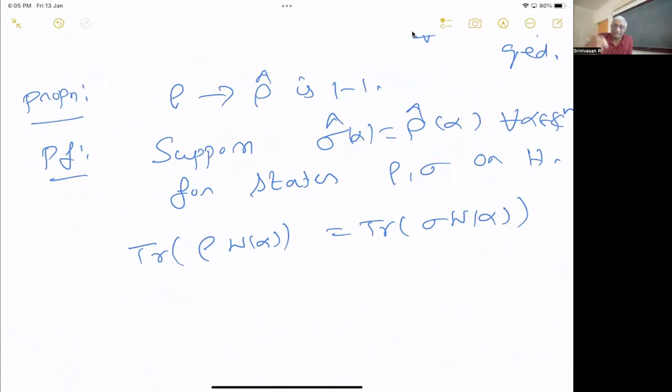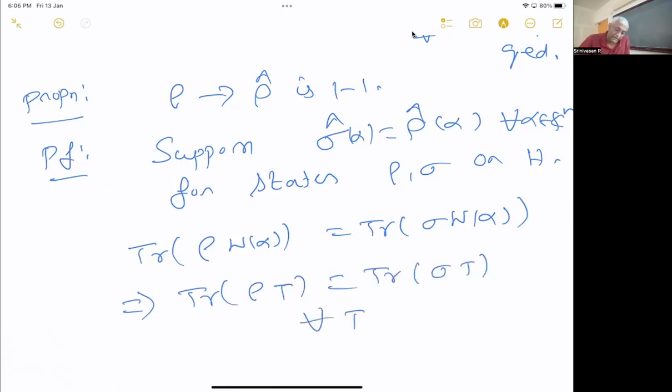That was the exercise. This implies trace of rho T equals trace of sigma T for all T in the span of W of alpha. That is clear, since trace is linear.